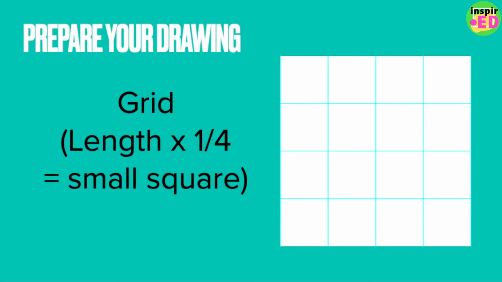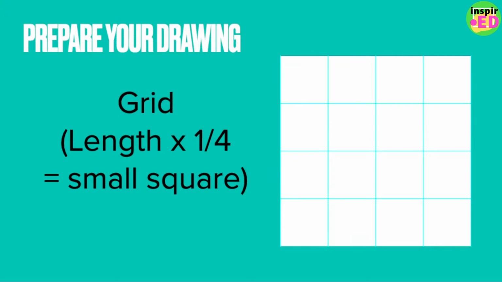Then how you create the grid over it is, as I said, I'm not so good at math, but the grid also needs to be the same between the reference and your drawing.